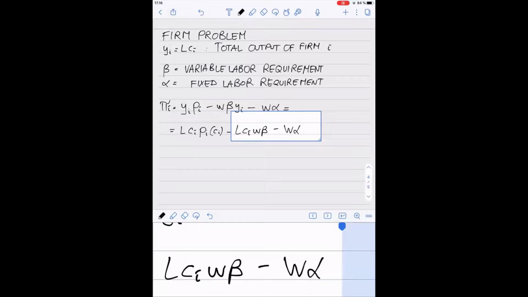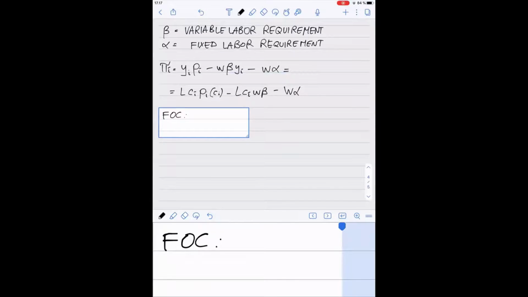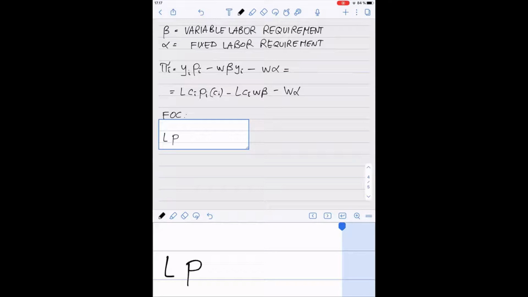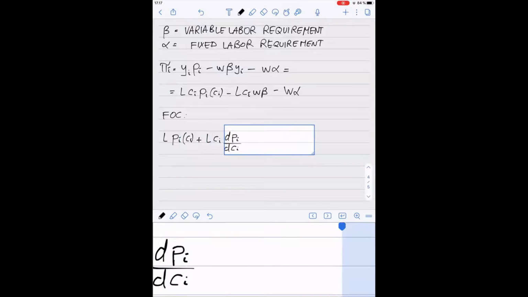Okay, so let's take the derivative of the profits with respect to the consumption Ci. And so the first order condition, FOC, equals L times pi of Ci. Let me write it explicitly fully, plus L Ci d pi in Ci, which is equal to L W beta.